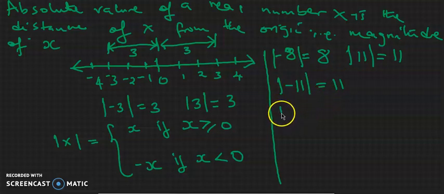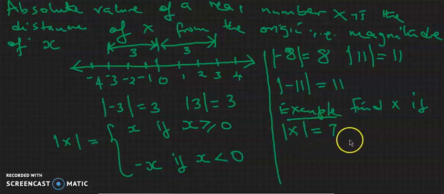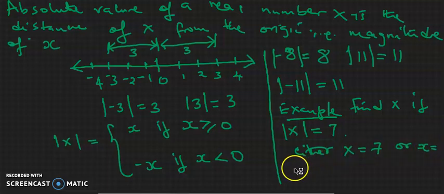So for example, if the absolute value of a number x is 7. The absolute value of a real number x is 7. So what is x? It is either x is 7 or x is negative 7.